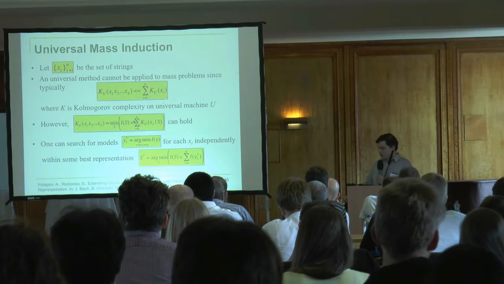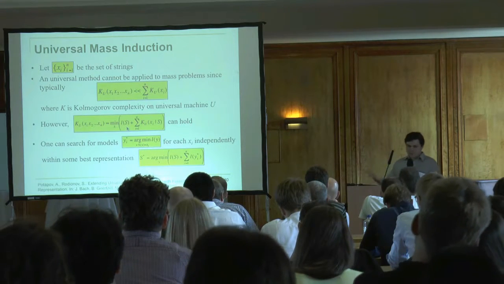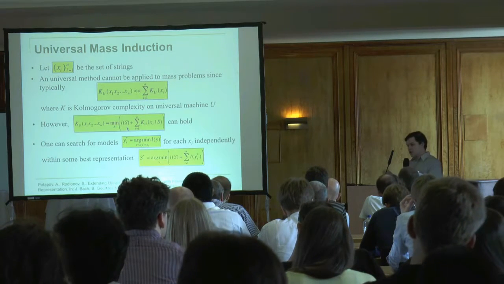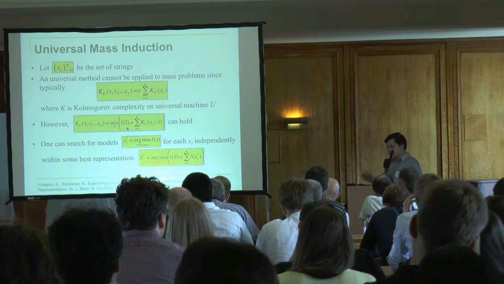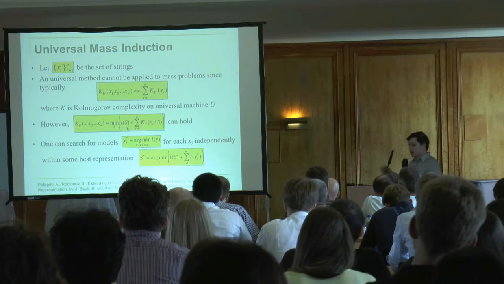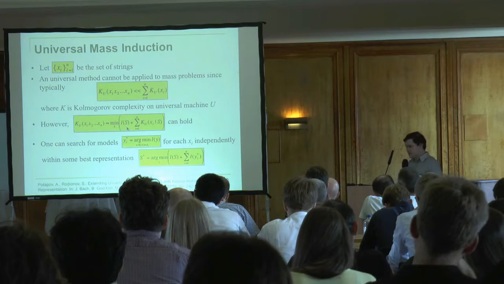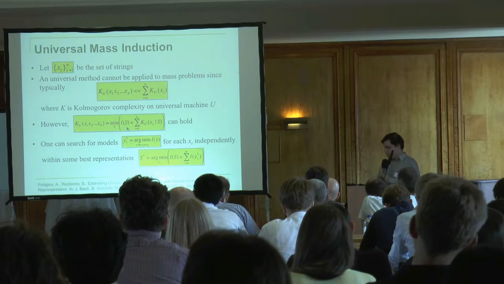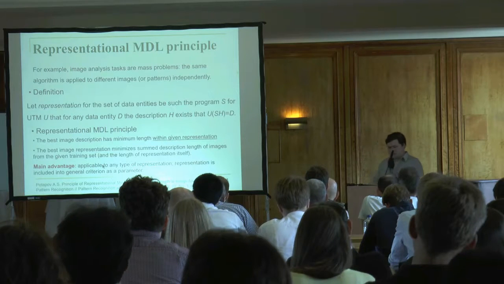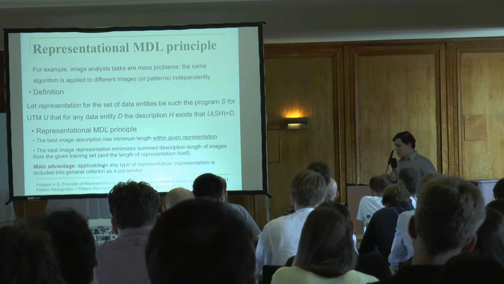So actually we need to derive some mutual information from these data entities, and we can call this mutual information contained in these data entities a representation. And we can construct something like a representational minimum description length principle.